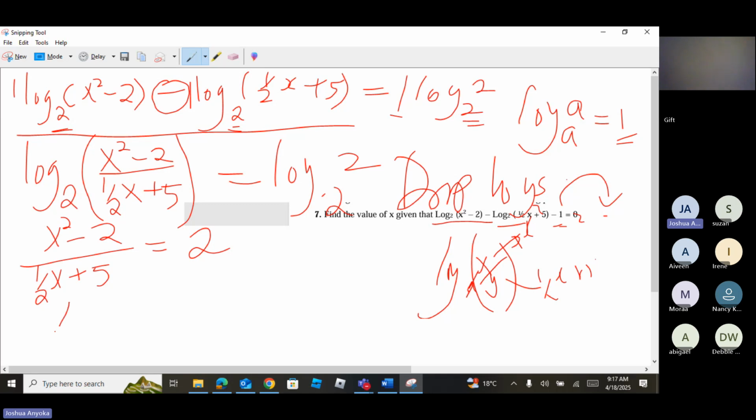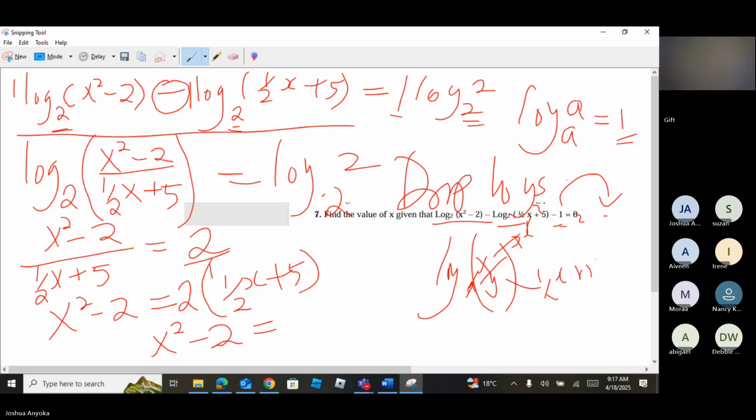Cross multiply: x squared minus 2 is equal to 2 into half x plus 5. Open brackets: x squared minus 2 is equal to x plus 10.